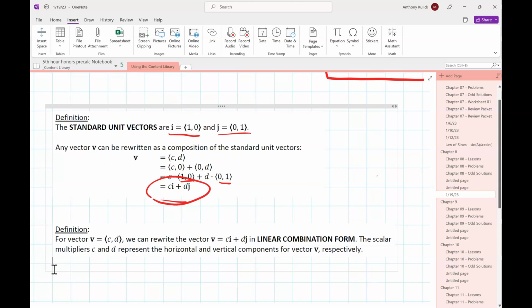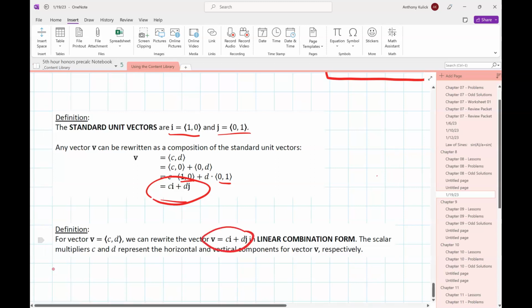Which is really easy, right? You just take the components and put an i on the X component plus, and then a j on the Y component. Or you take the coefficient in front of the i and the coefficient in front of the j and turn them into the X component and the Y component. Woo! Super tough, right?